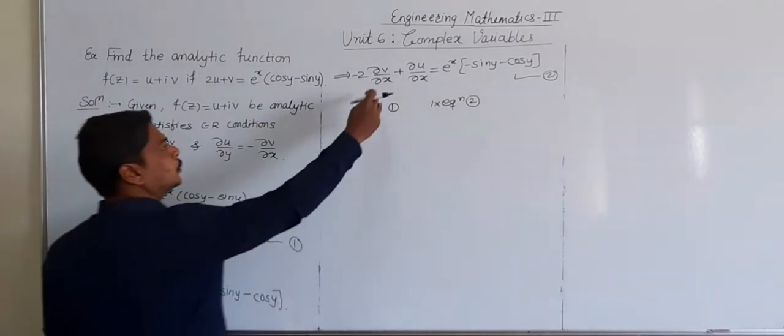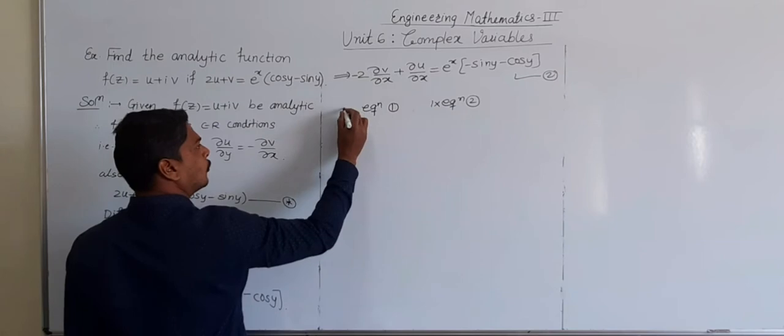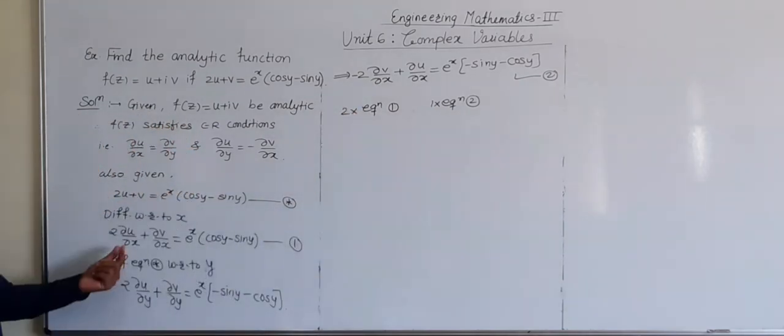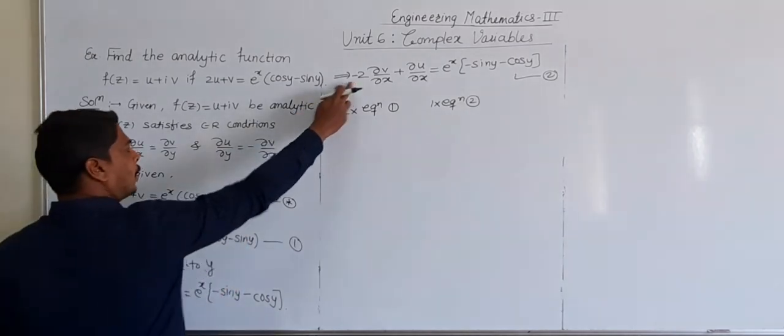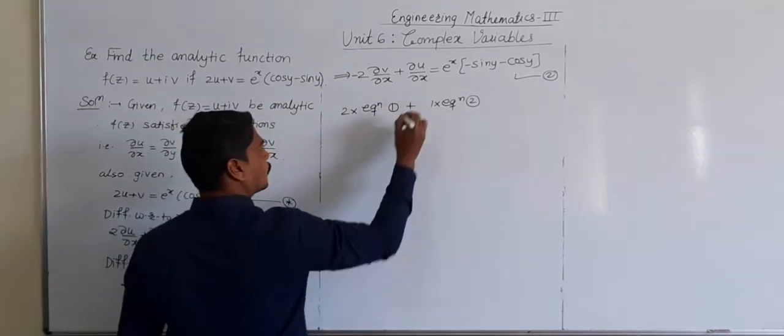In equation 2, the coefficient of ∂v/∂x is 2, so multiply equation 1 by 2. Both terms are of opposite sign, so take the addition of these two equations.